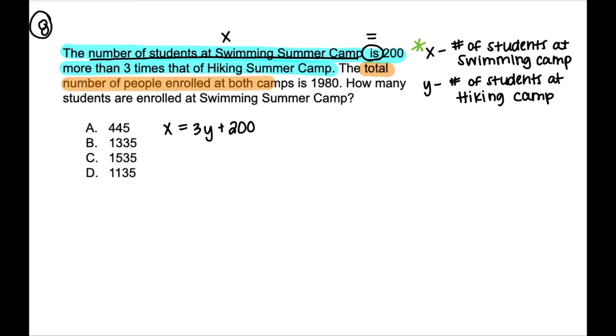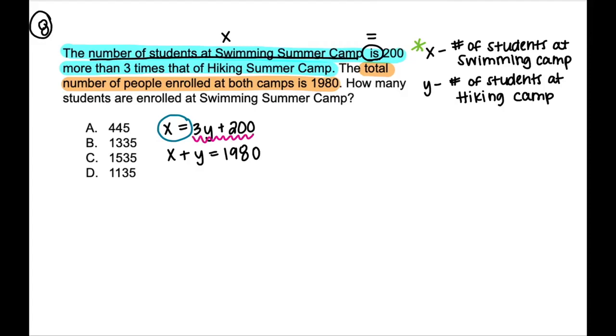All right, now let's look at the second sentence. The total number of people enrolled at both camps is 1,980. So the total combined, so x plus y, is 1,980. Well, if we want to use substitution, we can, because we have x equals.